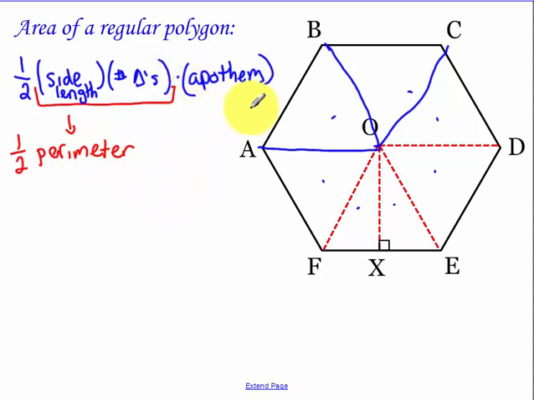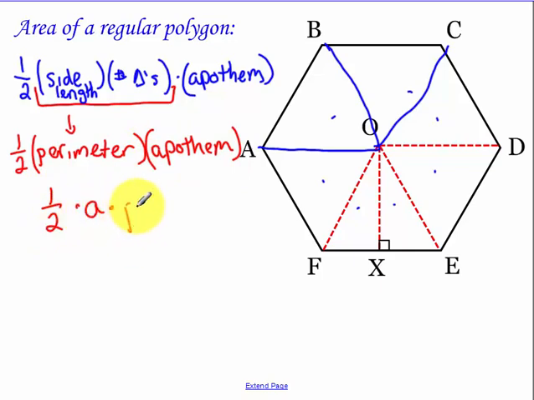And then the apothem is that perpendicular. So 1/2 perimeter times the apothem. The shorthand for that is 1/2 apothem times perimeter. I don't know why I always put apothem first. Okay, so this is the general formula we're always going to use for areas of regular polygons.